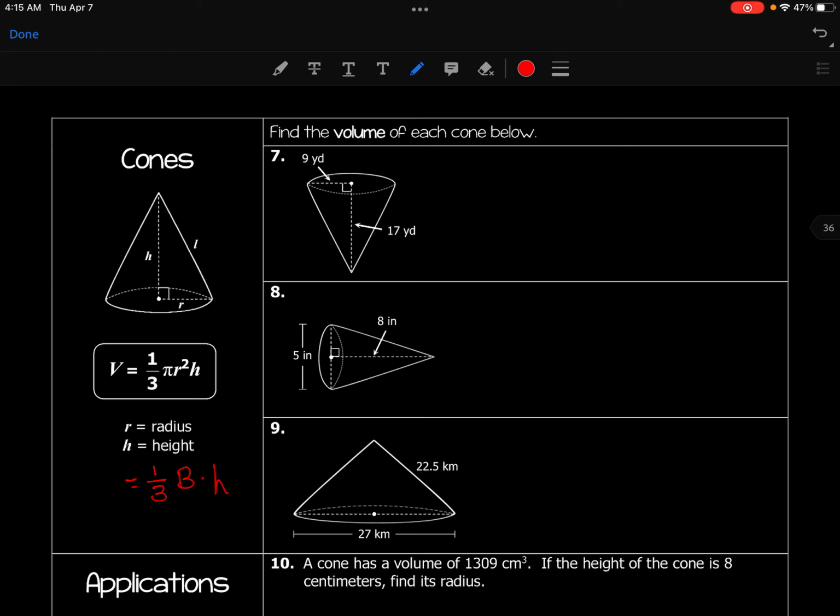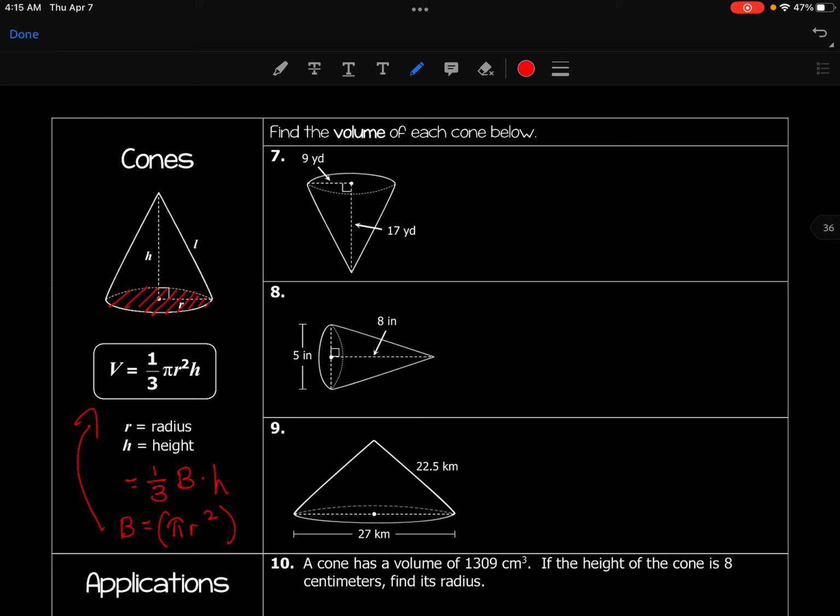Well, the base of a cone is a circle. And the area of a base for a circle is just pi r squared. So replace base with pi r squared and you will get this equation. Pretty simple.